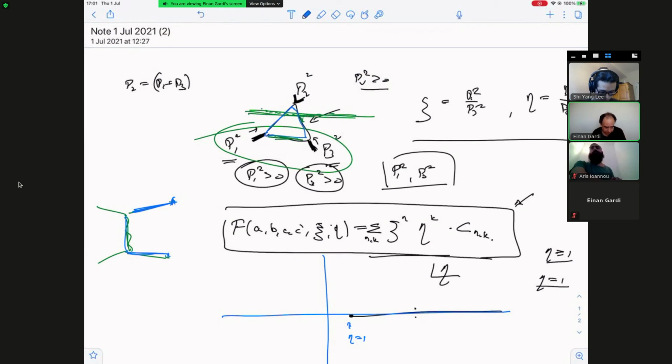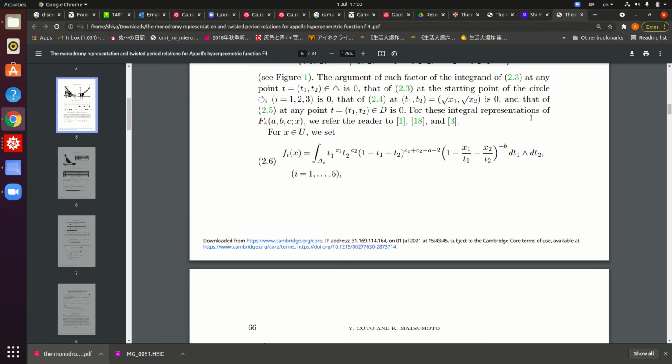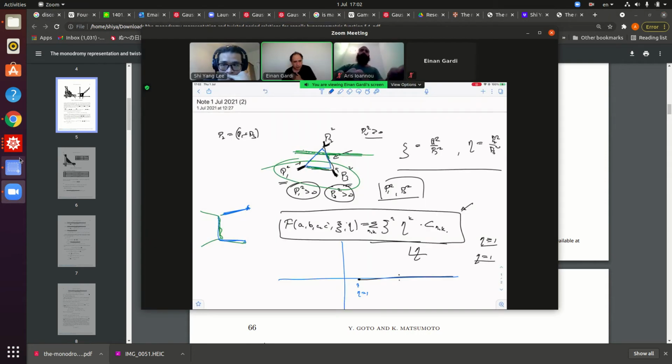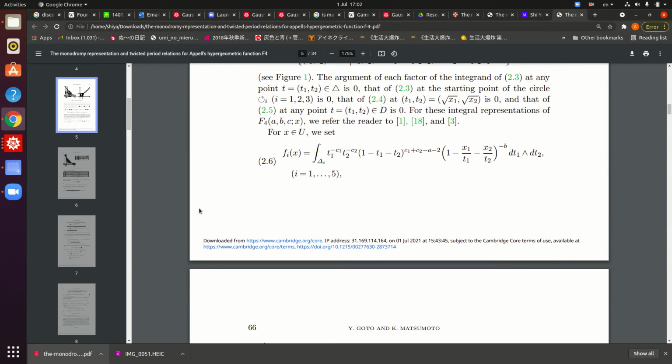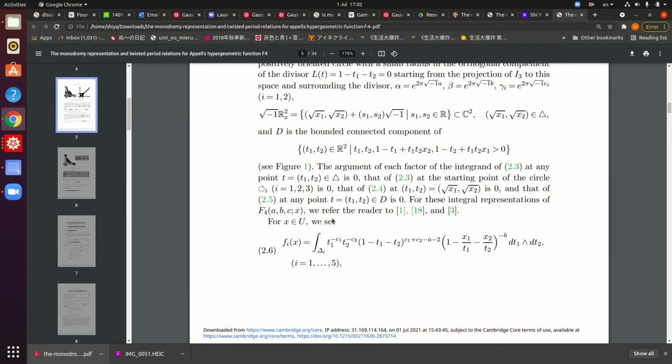I think we have several integral representations here. Because the statement is that 2.6, for example, if I integrate over the delta, if I choose, you see, I get the equation in lemma 2.1 on the next page.